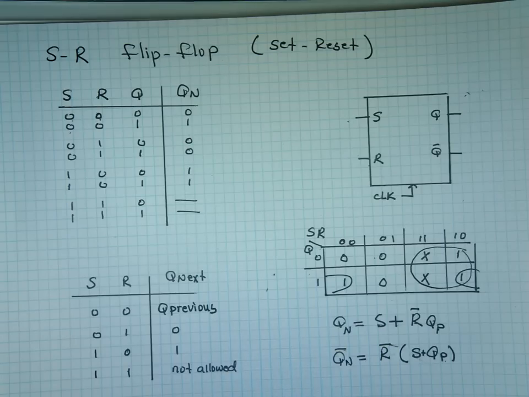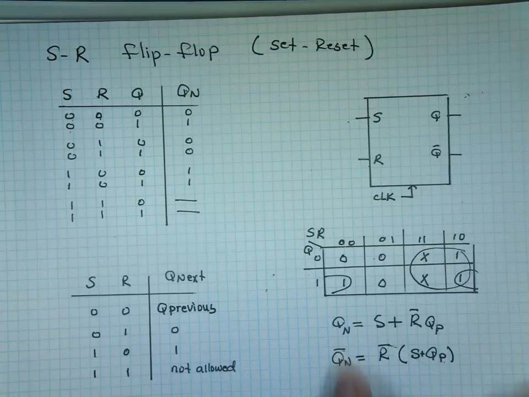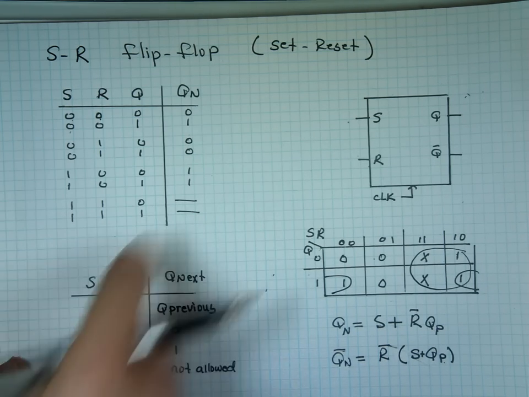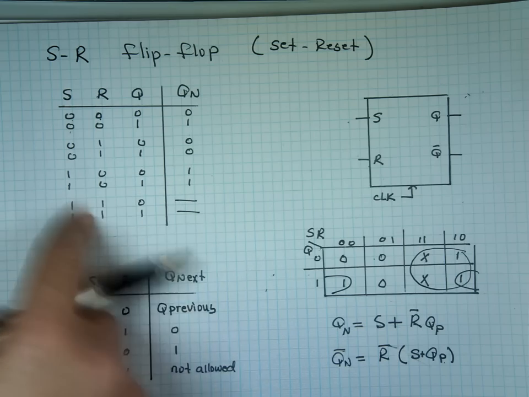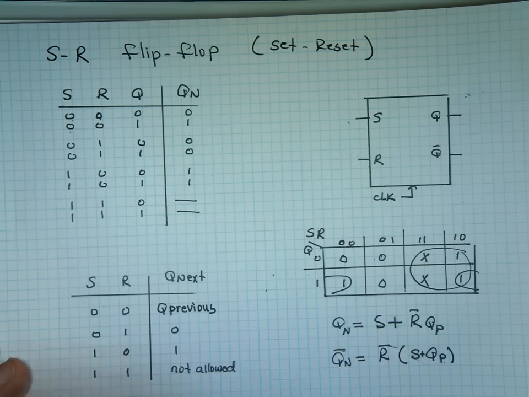Again, that's an SR flip-flop. Well, that not allowed bothered a lot of people. And so we can't have this one. So somebody came up with a flip-flop called JK flip-flop, which is similar to this, except they took care of that situation when you put 1, 1. So what does the JK flip-flop look like?